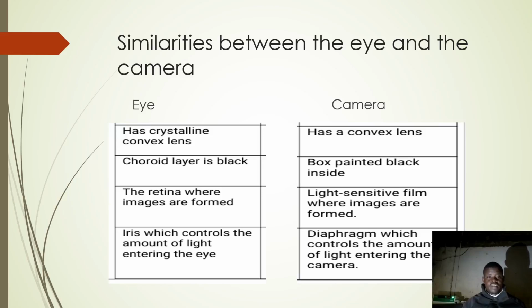The retina is where images are formed in the eye. The camera also has light-sensitive film where images are formed. The iris controls the amount of light entering the eye. The diaphragm controls the amount of light entering the camera. So we conclude that there are similarities between the human eye and the camera.